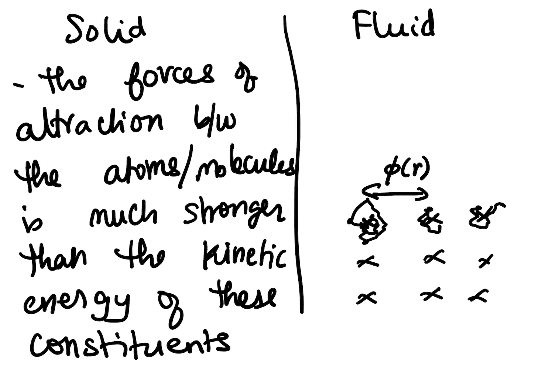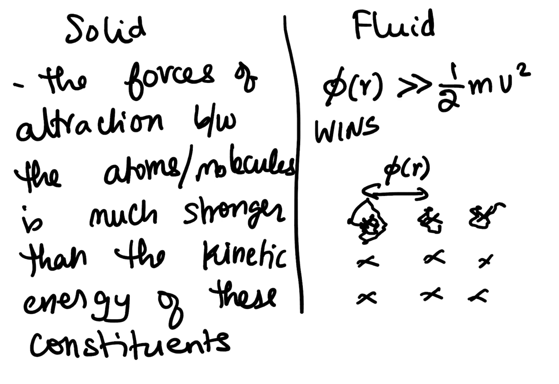That potential is usually much greater than the kinetic energy of each of the atoms. So in this case, the potential energy wins, and as a result, these atoms or molecules are confined to wherever they are. They can't move too much. That's what makes them a solid.